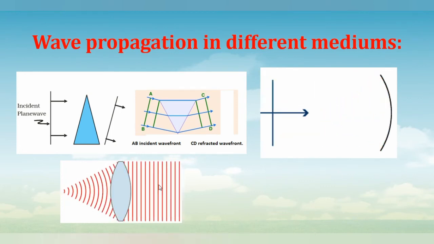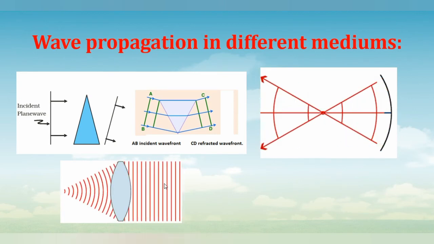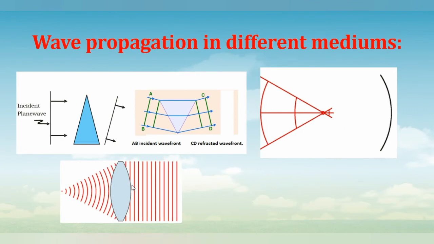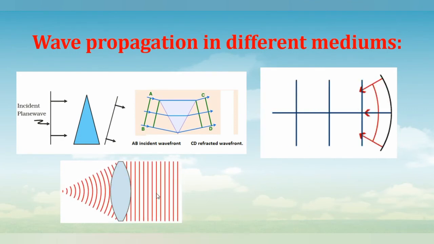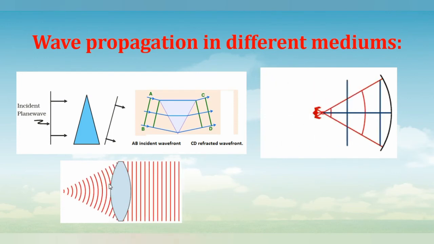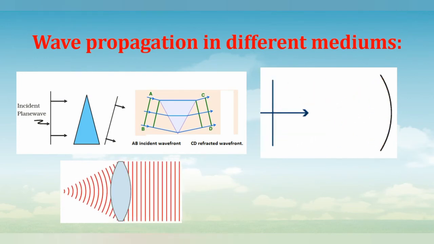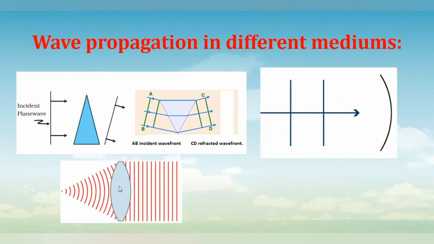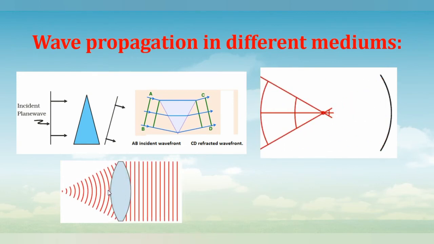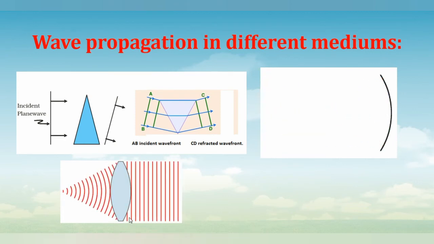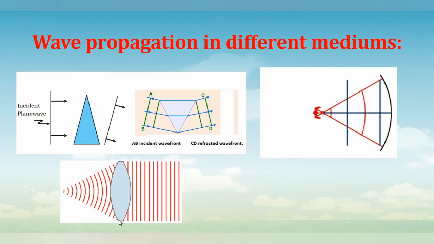Let us look at the third one. What happens if the wavefront is passed through a double convex lens? When the plane wavefront is passed through a double convex lens, the middle portion of the wavefront has to travel more distance than the parts entering at its edges.